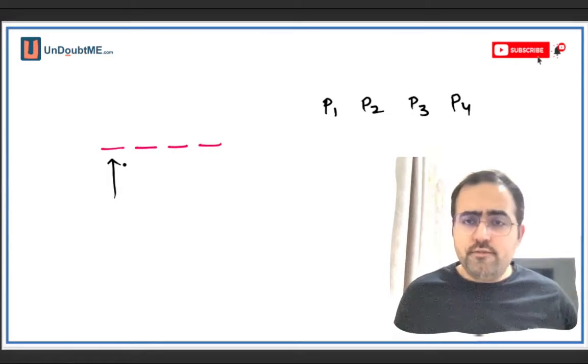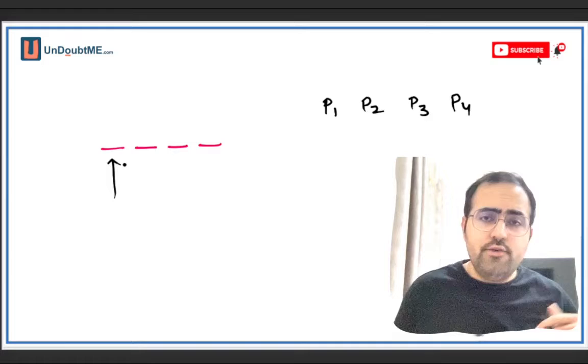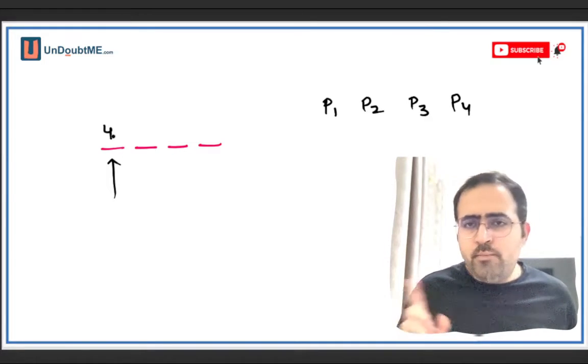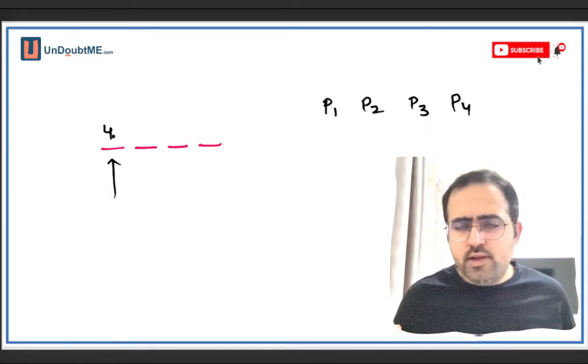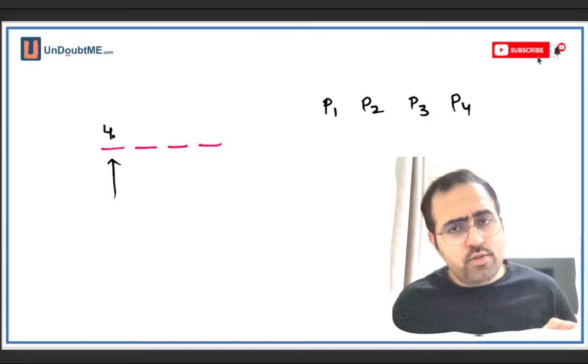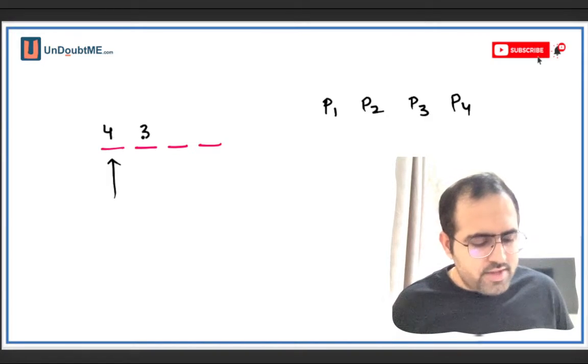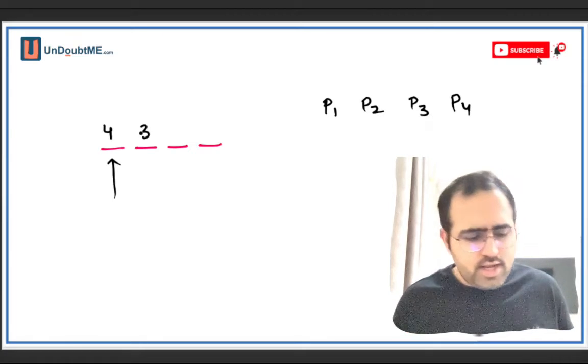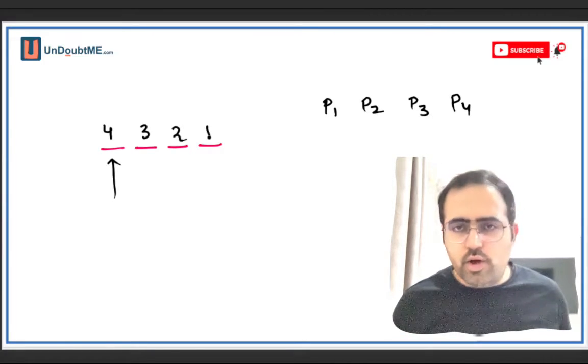So for the first chair, I will have all 4 options. I'll just write 4 over there. Now one person is seated, there are 3 people left. Let us go to the second chair. Out of those 3 people, anyone can sit on the second chair. So I will have 3 options for the second chair. And likewise for the third chair, I will have 2 options and then 1.